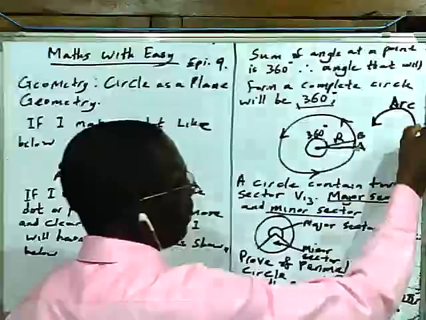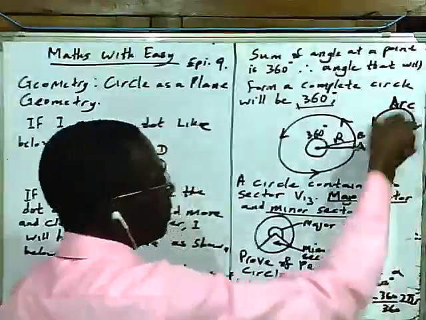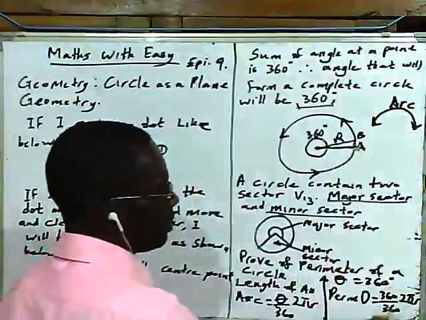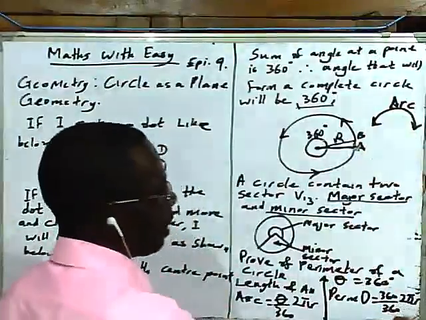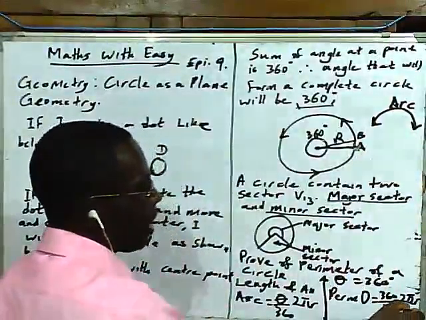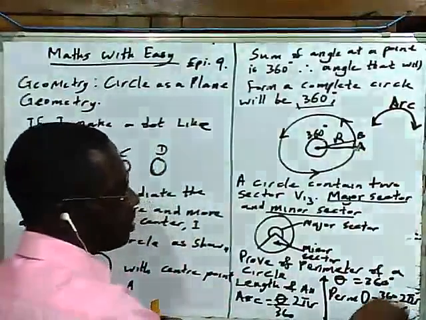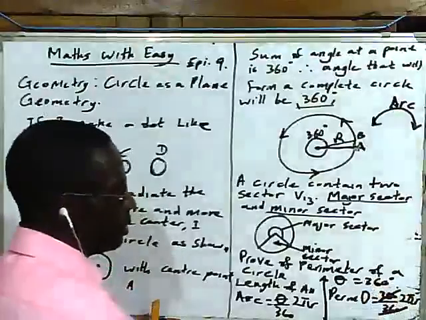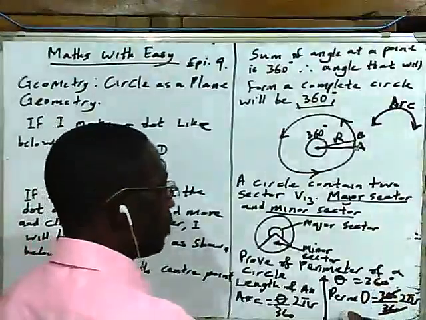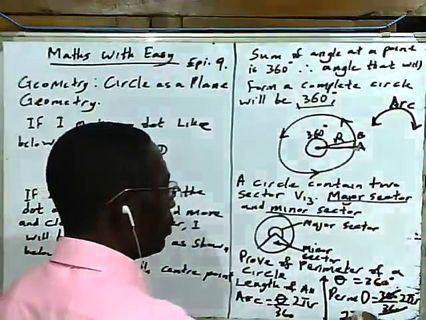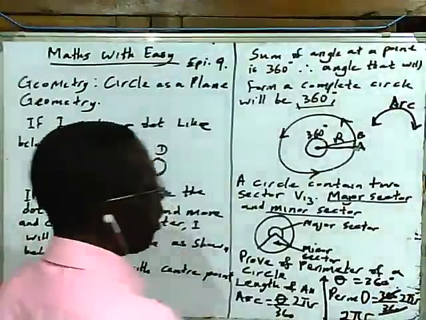From here to here is the arc. If it is now 360, that will be 360 over 360 times 2 pi r, where r is the radius of the circle. So this 360 will cancel the 360. Then I have the perimeter of a circle to be 2 pi r.